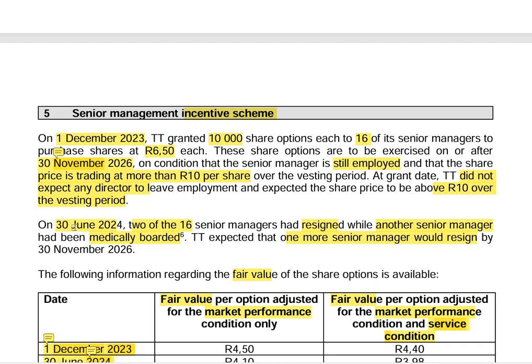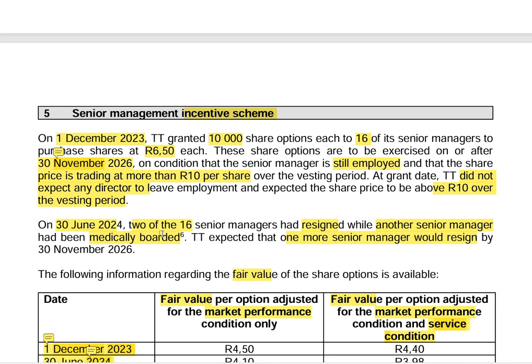Then when we move down, they're saying on 30 June 2024, which is our first financial year end after the grant date, which took place on 1 December 2023, 2 of the 16 managers resigned and another senior manager was medically boarded, still working, however, medically boarded. And 1 more senior manager is expected to resign.